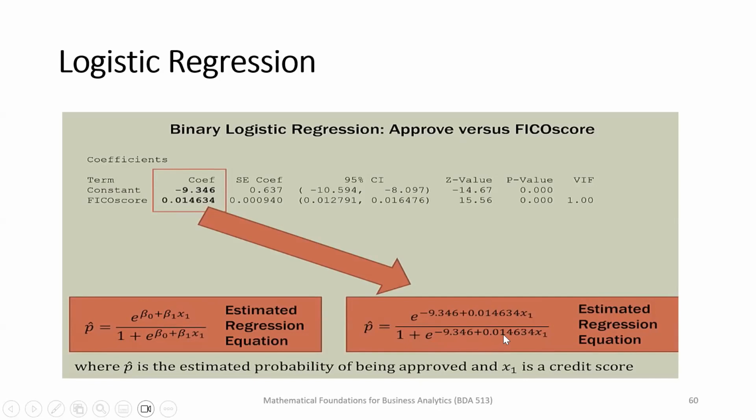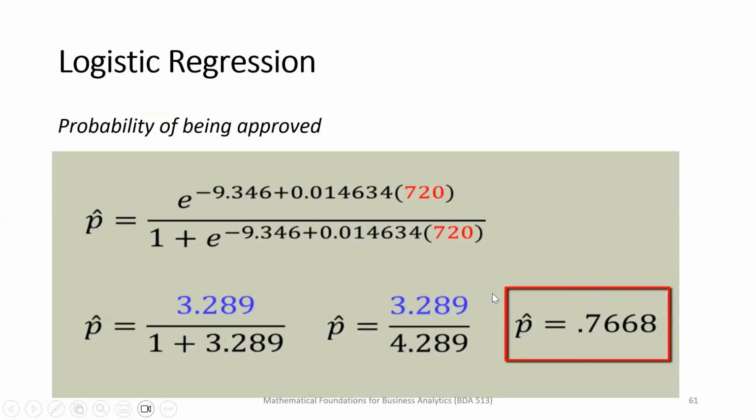Now that we know our FICO score to be 720, we can plug that in, and then you are able to calculate the probability. Therefore, if we have a FICO score of 720, the probability of being approved is about 77%. Any question?